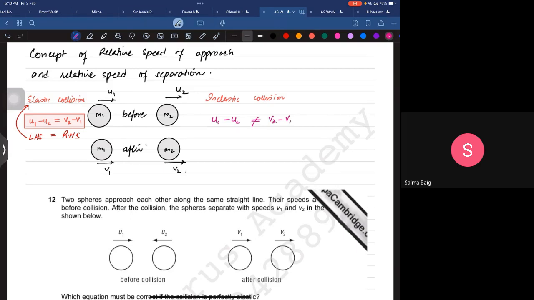Now, the important part in using this is that since it uses velocities, which are vectors, direction is extremely important.